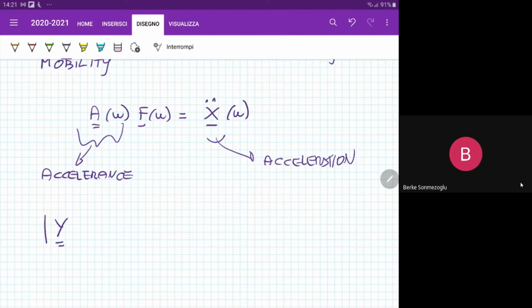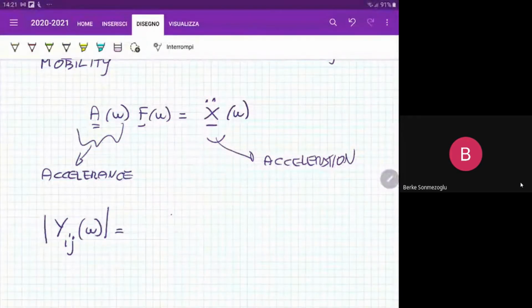So each component, let me write that here in this way just to simplify notation, each component of the mobility function can be obtained from the corresponding component of your receptance function, multiplying that by omega.